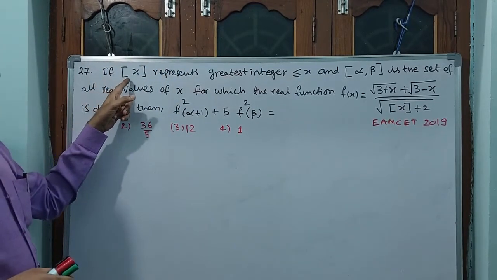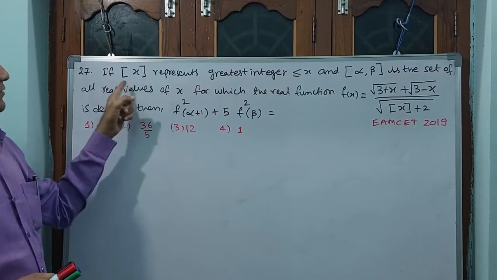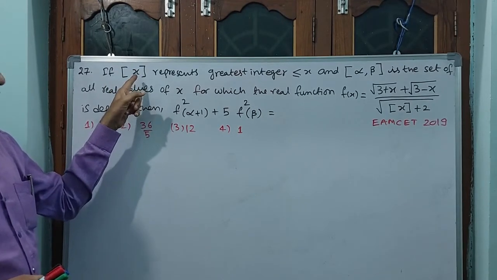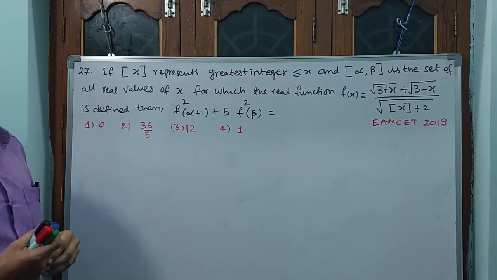If [x], this we can call as step x or greatest integer x. This complete bracket is called a bracket, not a parenthesis. This is a parenthesis, and this is a bracket.